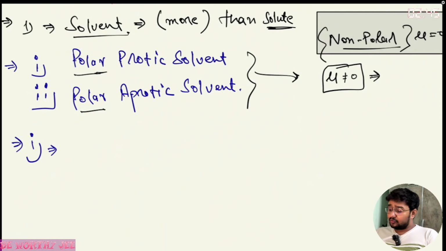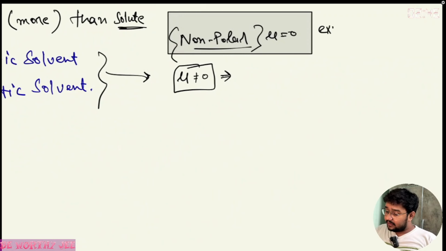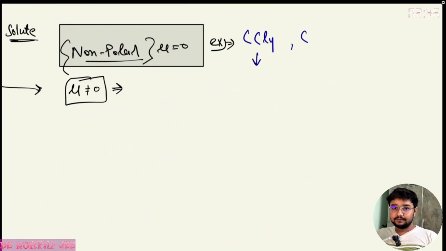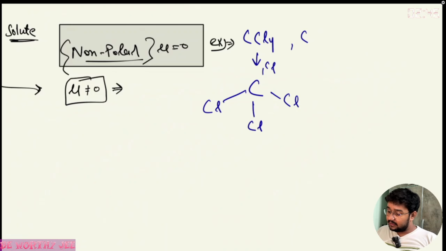Talking about non-polar solvents, if I have to give examples, the examples are CCl4, where all the polarity cancels out in the compound. Just like C with four Cl, all are in different directions, so they cancel out each other and the polarity in the compound is 0.